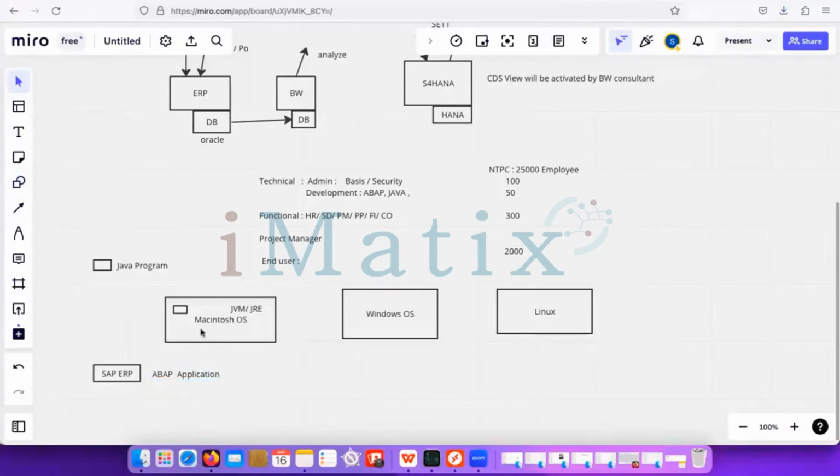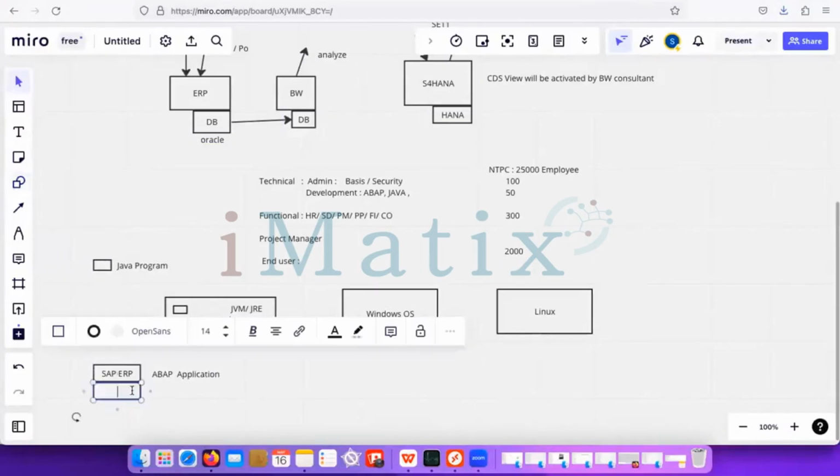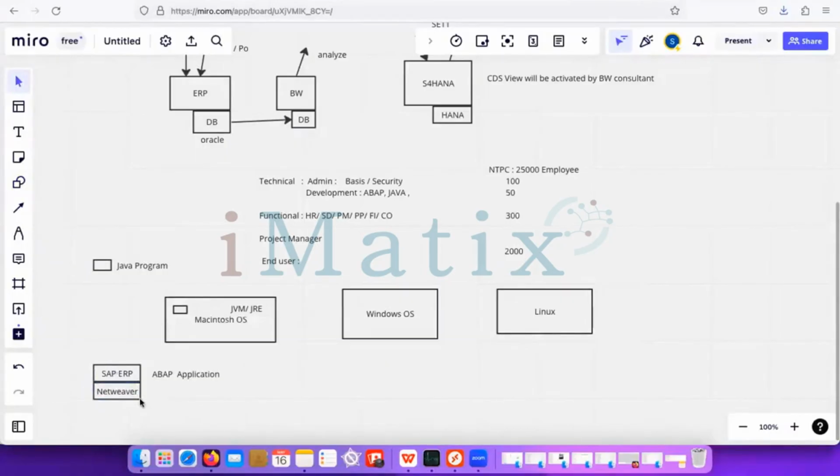To run this application on Macintosh machine, Windows machine or Linux machine, we require a platform. This platform is known as NetWeaver. Basis consultant is going to work on the NetWeaver layer, not on the ERP layer.